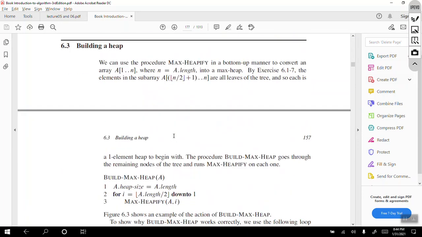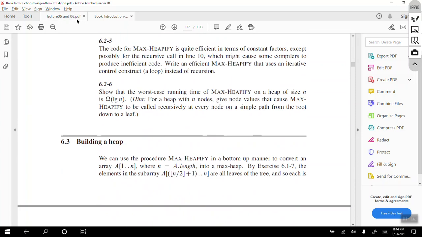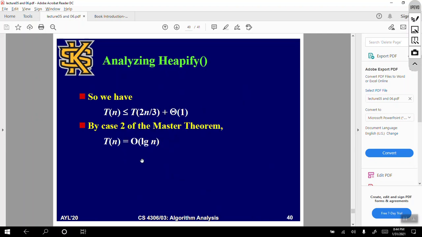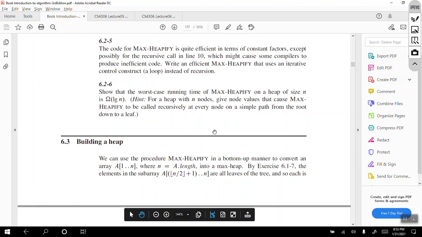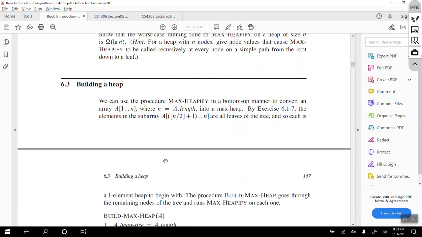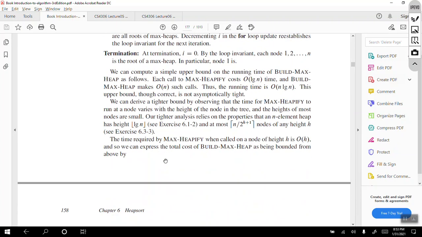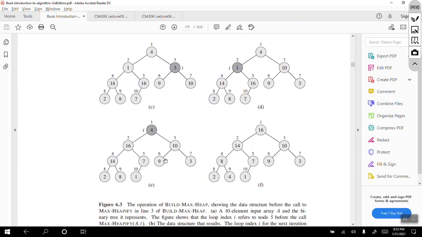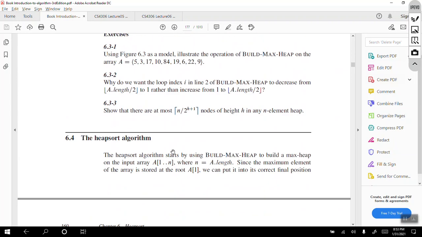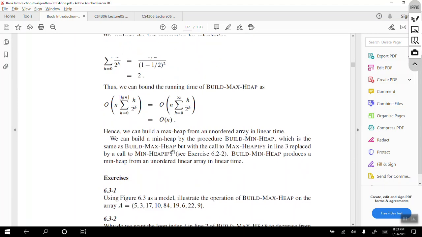Okay, we need another slide. The next part will be building a heap, and then we will use the Heapify and build-heap algorithms to implement and complete our Heapsort algorithm.